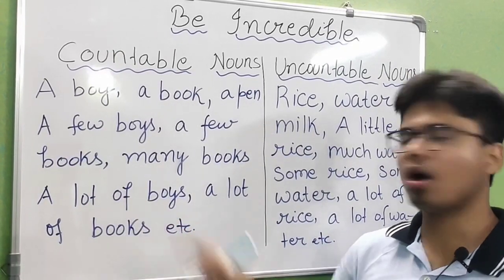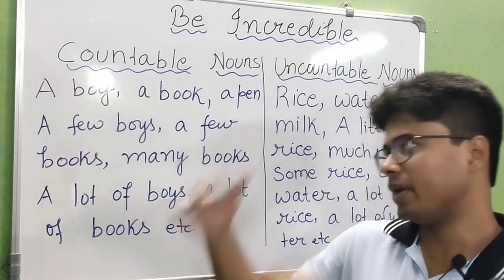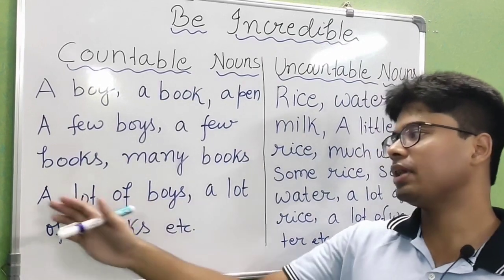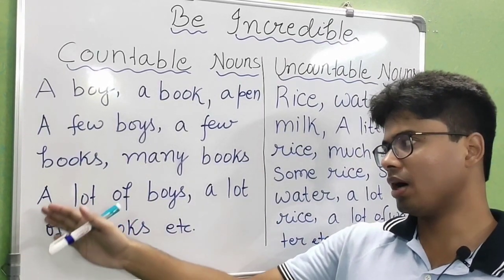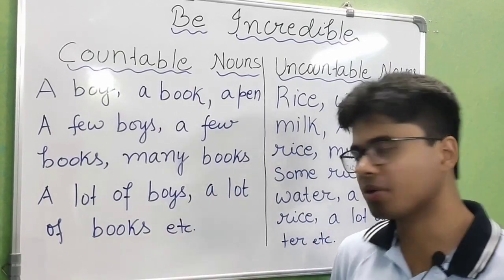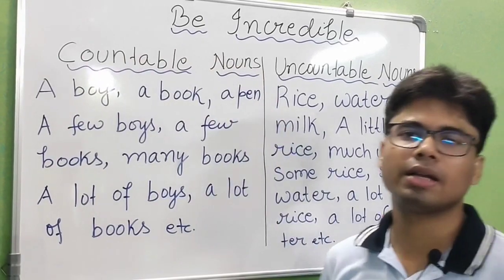We are getting this as something different as compared to others. There we got a. With the use of a lot of boys, a lot of books, all these things will be coming under countable nouns.